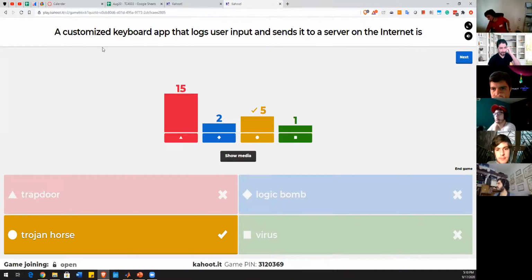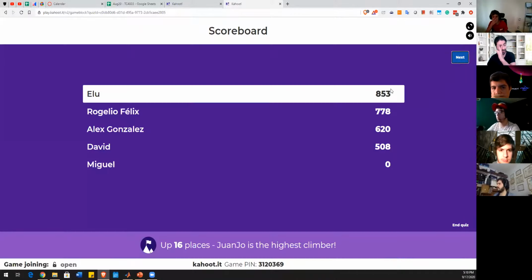It could be seen as a trapdoor, but a trapdoor is like a backdoor to access a certain system. But if it's a customized keyboard that logs your user input, it's a Trojan horse that looks like something useful but is actually stealing your information. So Trojan horse is the right answer.